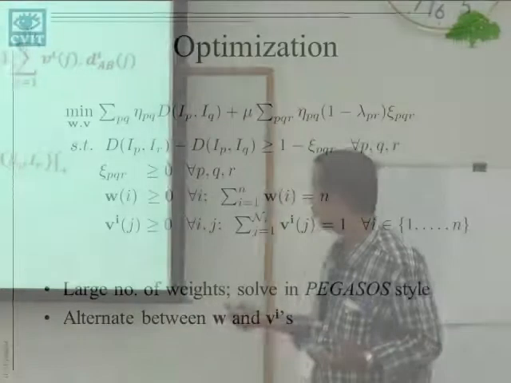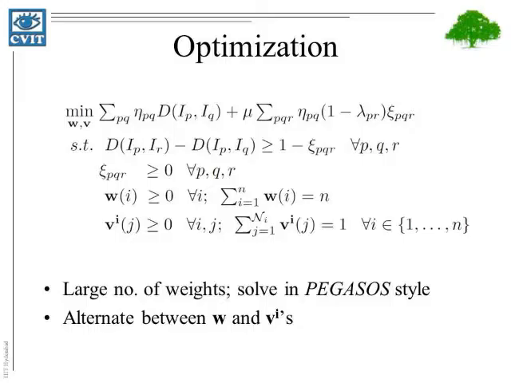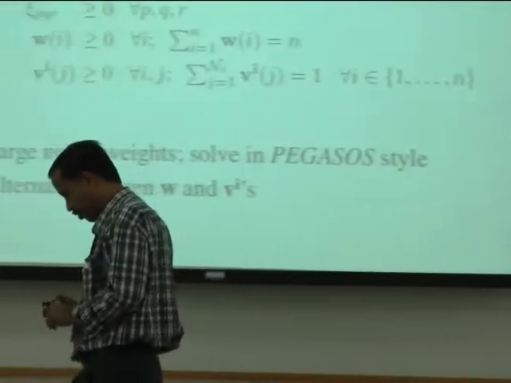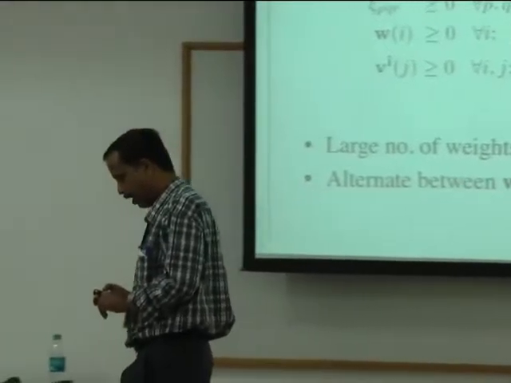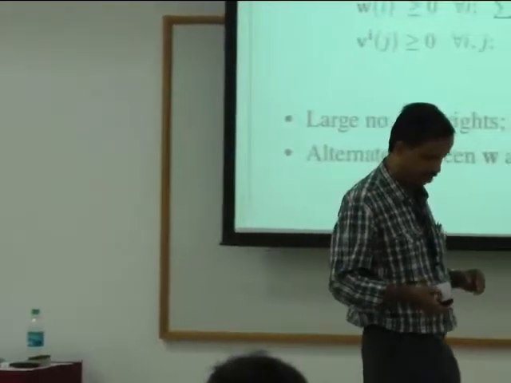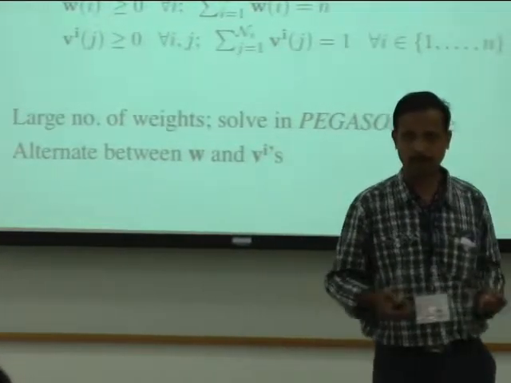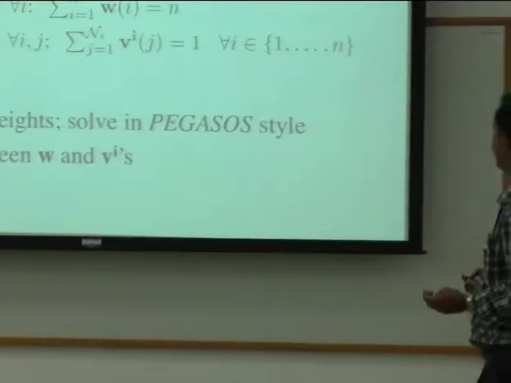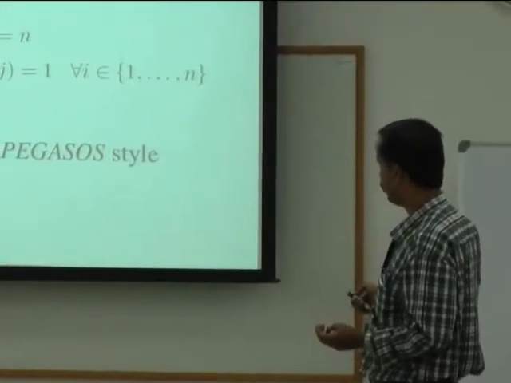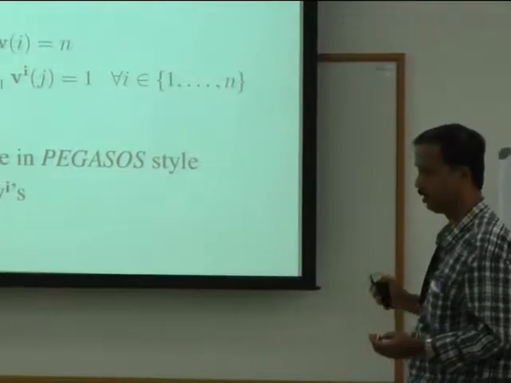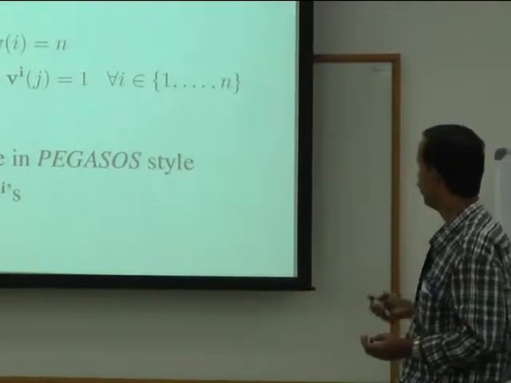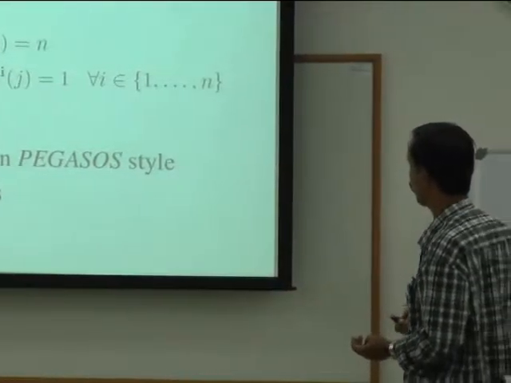And that gets optimized in a very similar framework, but which doesn't get the full analytical advantage of the LMNN. So we finally land up using a simple gradient descent based technique for solving the problem, with the constraint of sum of W is 1 and sum of V is 1. So these two constraints are making this problem a little bit more complex.